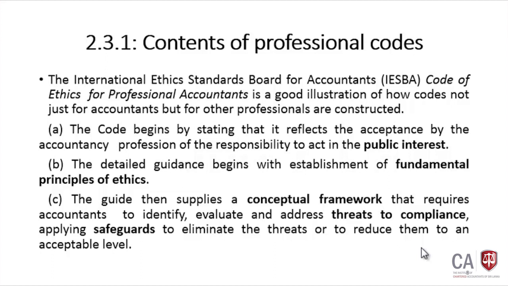They will tell what the main things to be considered are. The first one: the code begins by stating that it reflects the acceptance by the accountancy profession of the responsibility to act in the public interest. So the code clearly says an accountant's job is to act in the public interest. You have to safeguard the public interest whatever you do, right, that is the starting point.